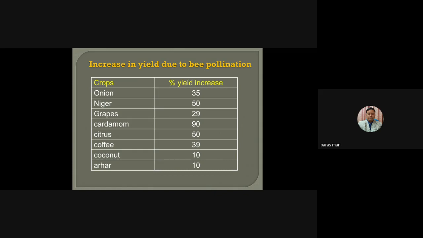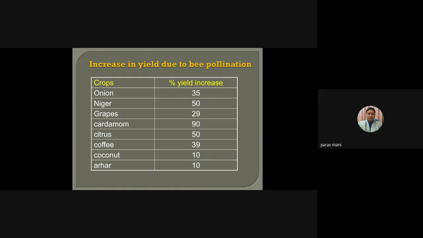The genome of the plant species and the activity of the honeybees also influence the result. So on an average, onion gets 35% increased yield, Niger 50, grapes 29, meaning 30 to 50% was the earlier result.